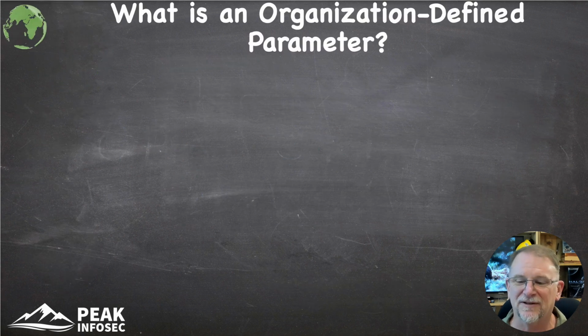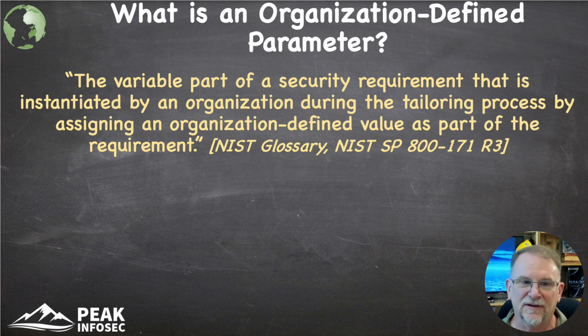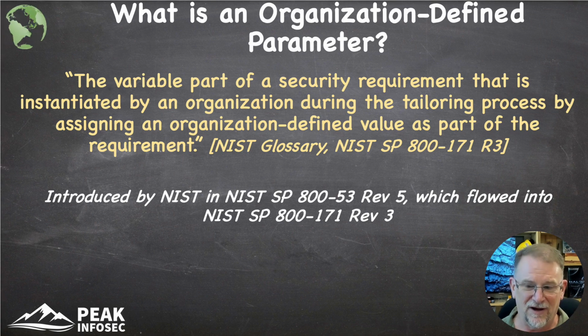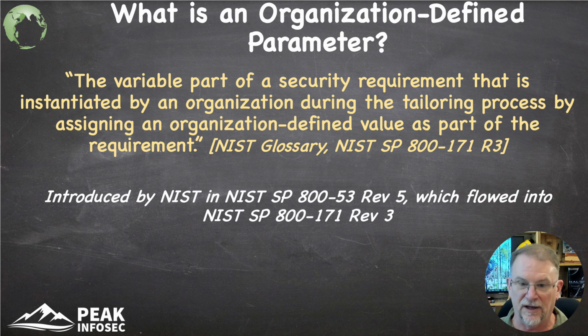All right, so what is an organization-defined parameter, or ODP? You'll hear me just say ODP because that's what we're going to be talking about. This is a variable part that was introduced in NIST SP 800-171 Rev 3 after it was first introduced in 800-53 Rev 5. Again, we go through that cycle. They review, the federal government revises 800-53 as the overall security catalog, and that flows into 171.